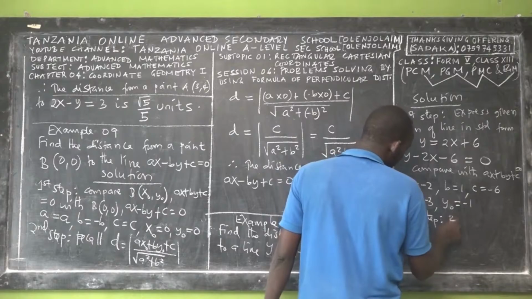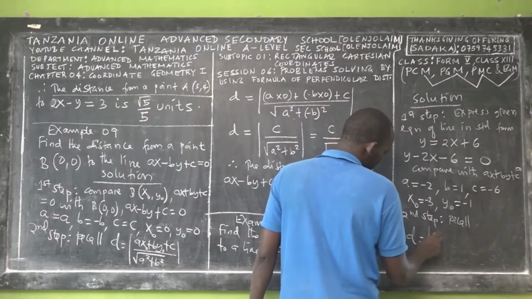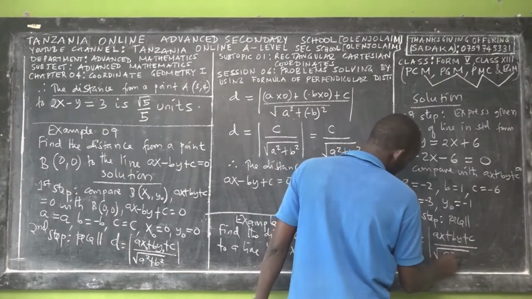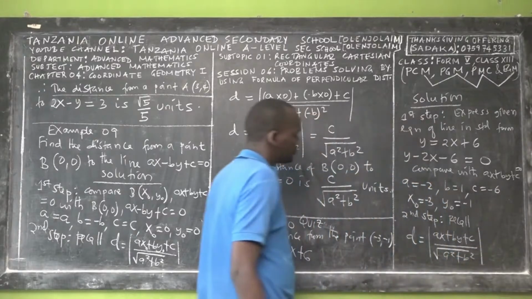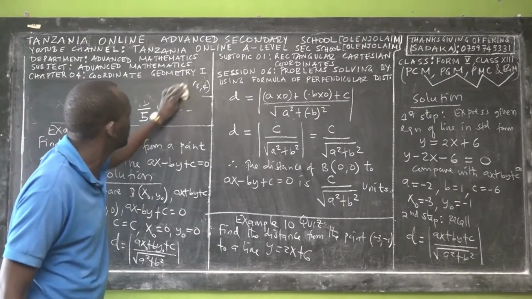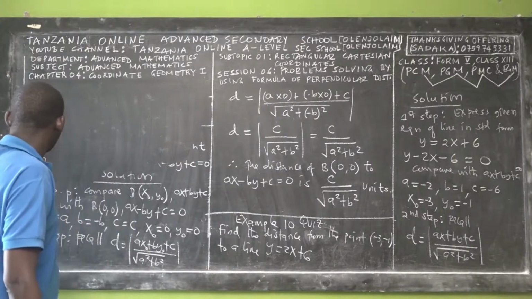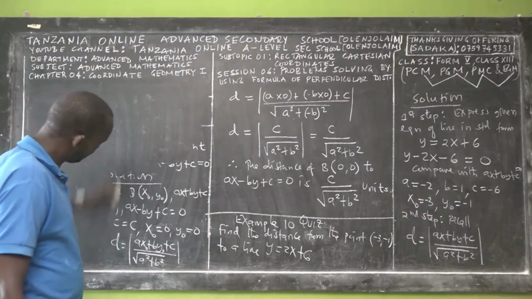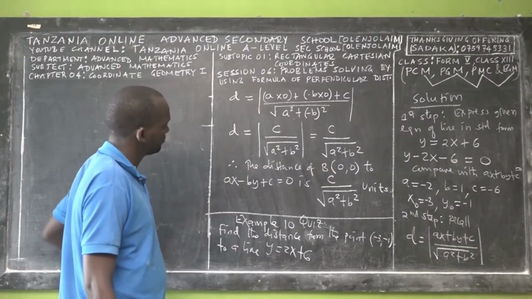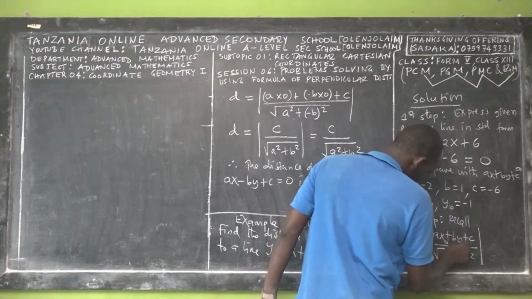Second step, we have to recall the perpendicular distance formula. This is Ax plus By plus C over the square root of A squared plus B squared. This is Ax naught, this is By naught.